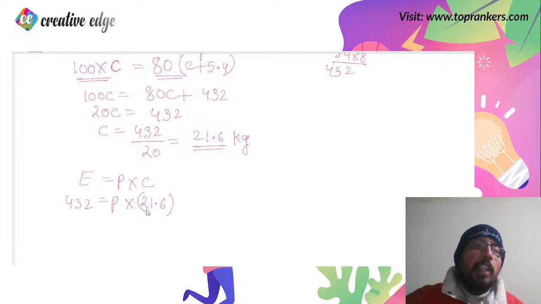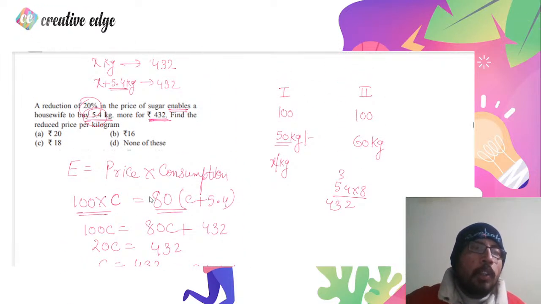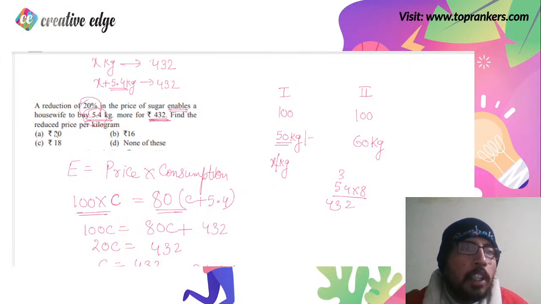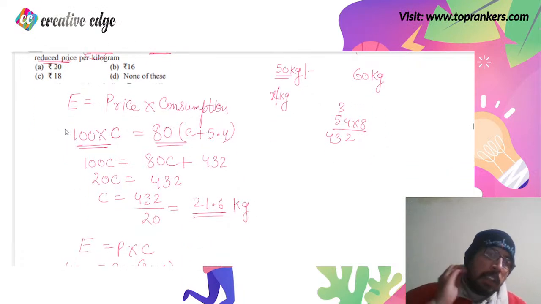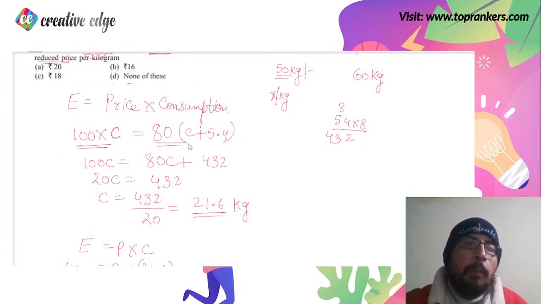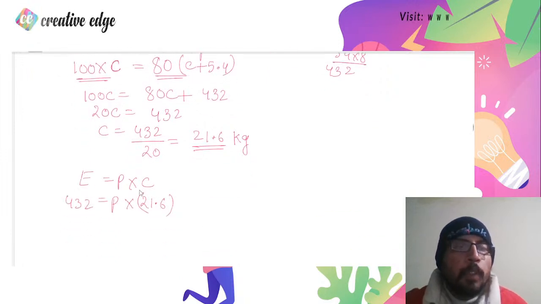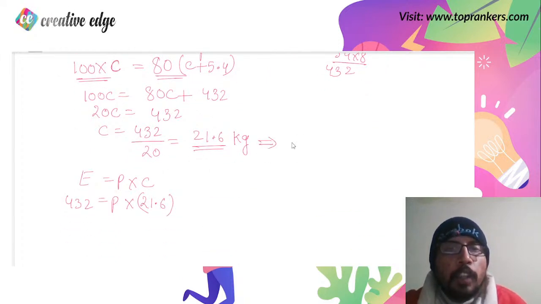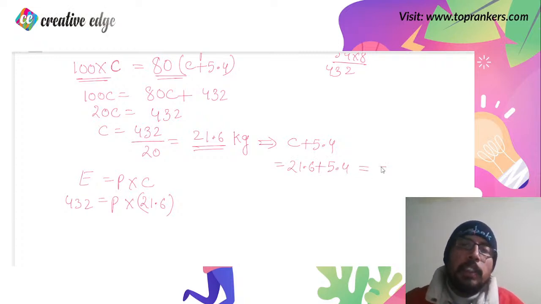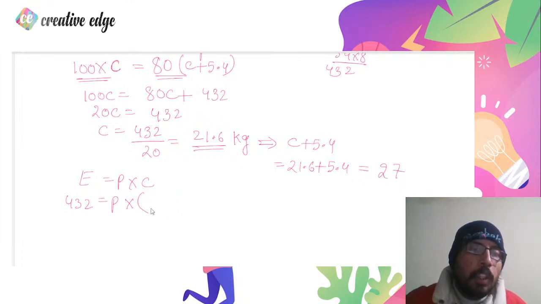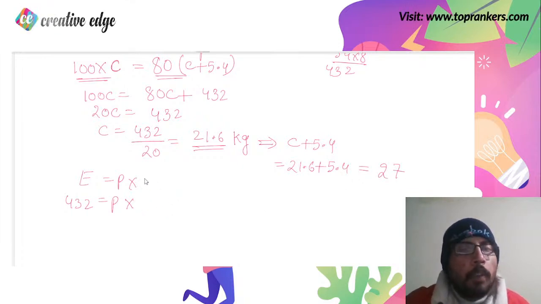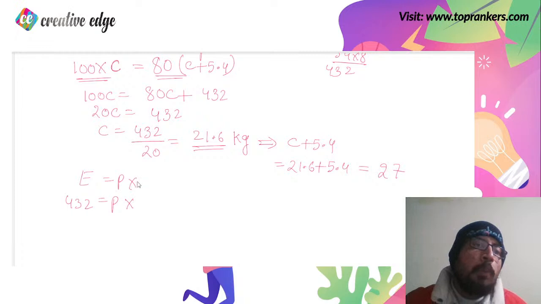One more thing I should consider: I have been asked the reduced price. After the reduction of price I am not getting 21.6, instead I am getting C plus 5.4. So I should be calculating C plus 5.4, so it should be 21.6 plus 5.4, which is 27. So I should be using this concept E equal to P into C. Here I have to calculate the price, and consumption is 27.